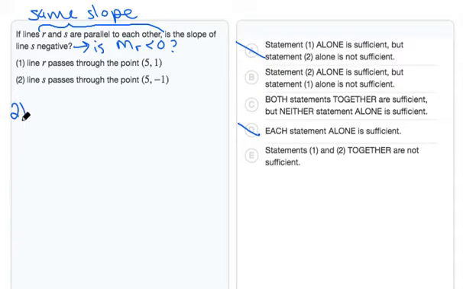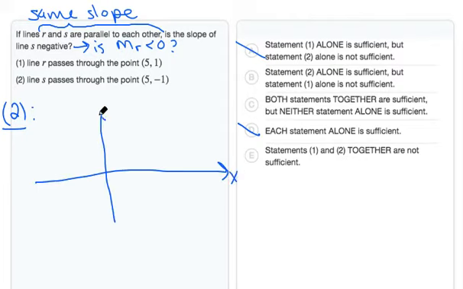So statement 2, we're told that line S passes through the point (5, -1). Again, we can do a similar deal as last time, just a quick sketch to give us an idea. Line S passes through the point (5, -1), so we have a point down here. And again, we run into the same issue, that we don't really know where S is pointing.